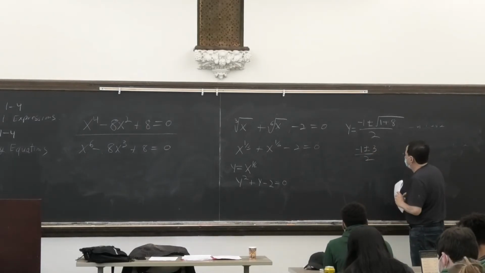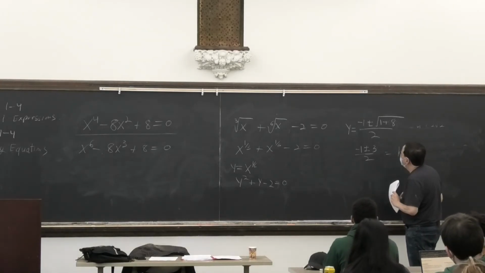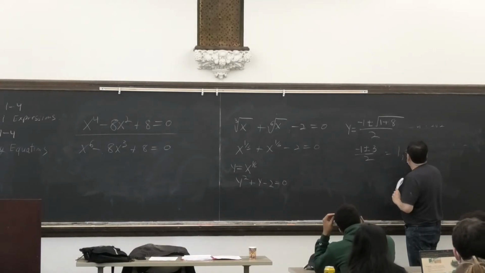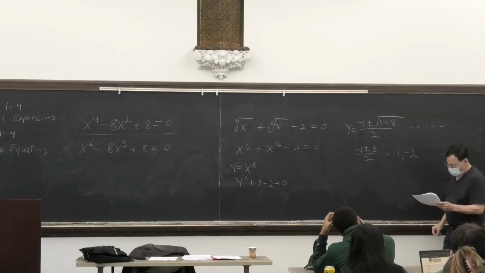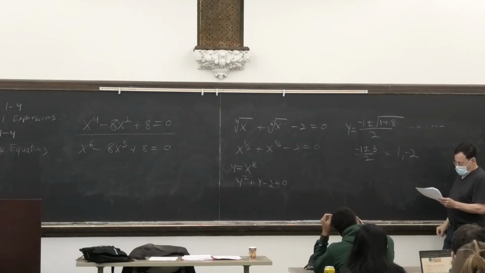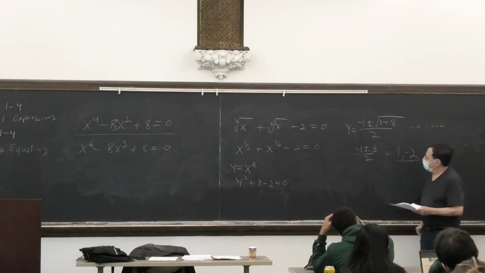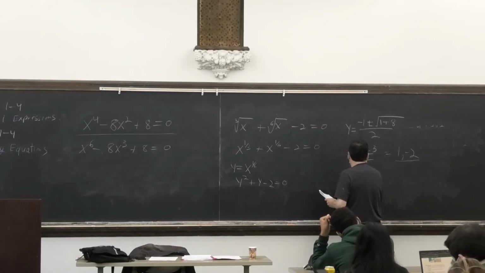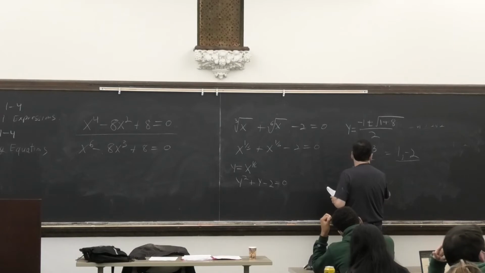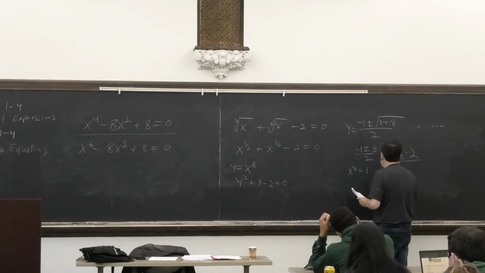And we're going to end up with 1 and minus 2. This of course is y. That's not our solution, right? We have to say x to the 1/6 equals 1. So therefore x equals 1.